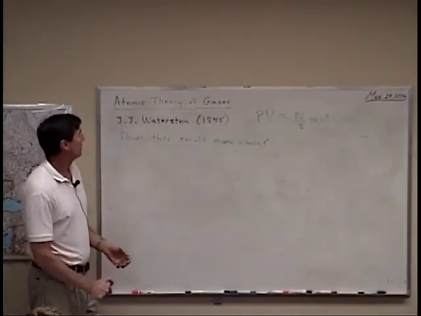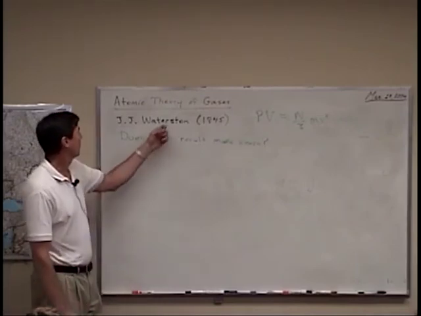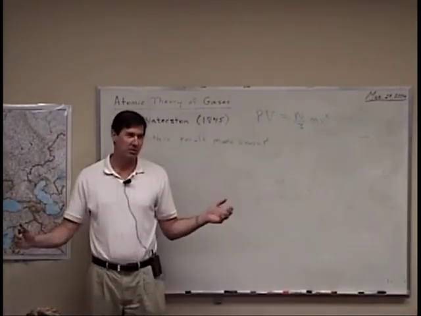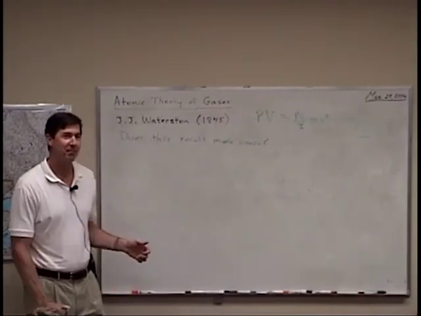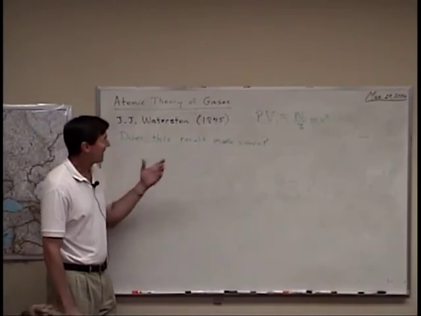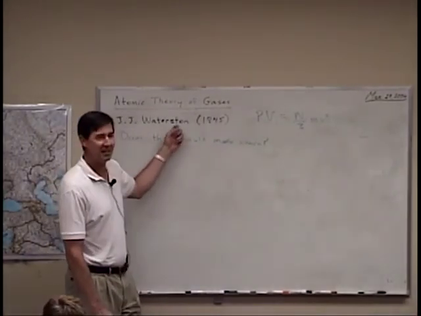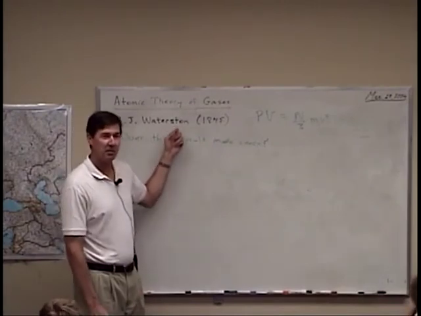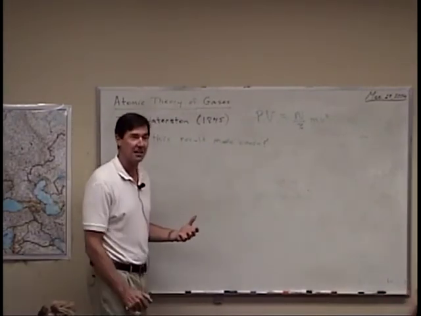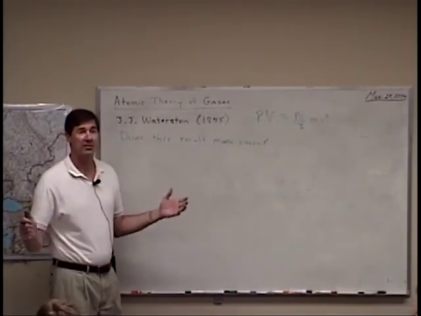Now, in fact, I might as well tell you this now. Waterston was one of the most abused physicists in history. He did this brilliant analysis, and he submitted a paper to the leading scientific journal of the day, the Transactions of the Royal Society.